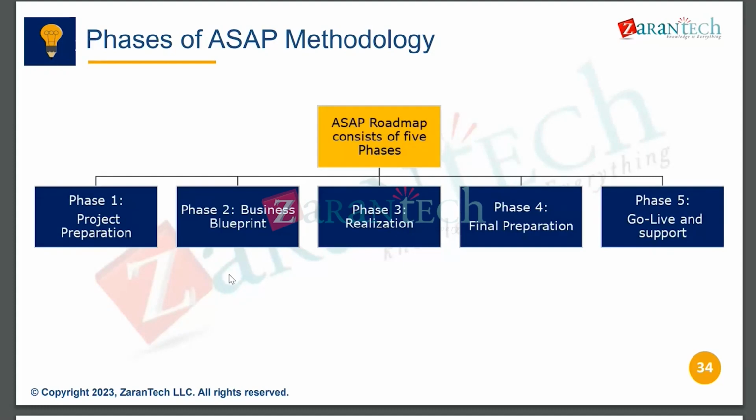Then the implementation team pitches in, and they'll support the business users to run their day-to-day business without any issue. Once the hypercare support phase completes, it will be given to the support team, where the support team will take care. Later on, the implementation team will come out of this project completely.